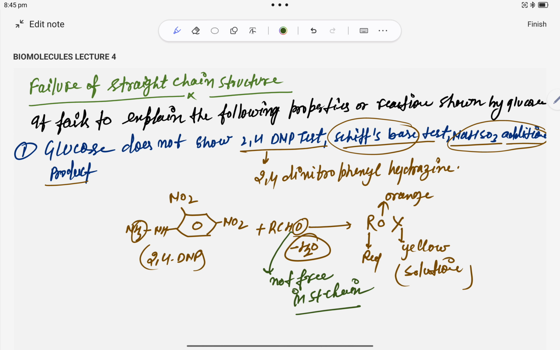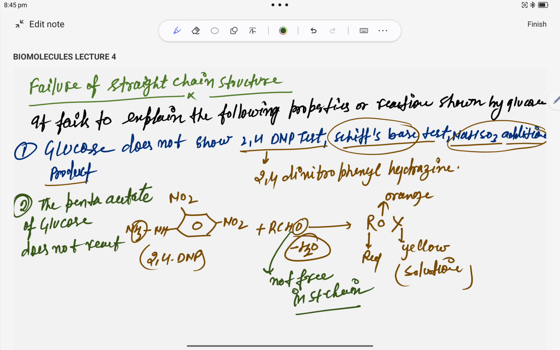If we are talking about the second reason, the pentaacetate of glucose does not react with NH2OH to form oxime.